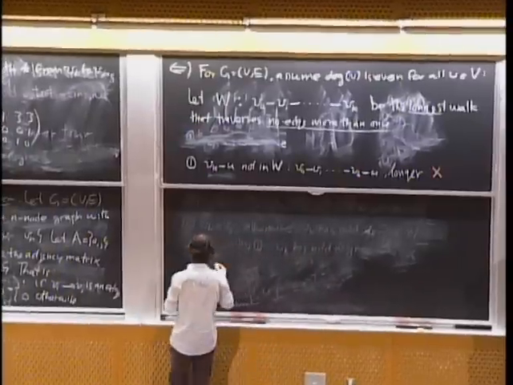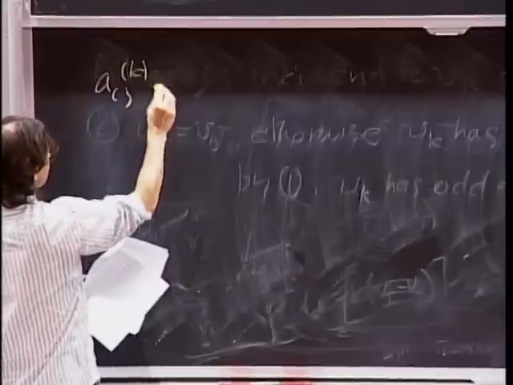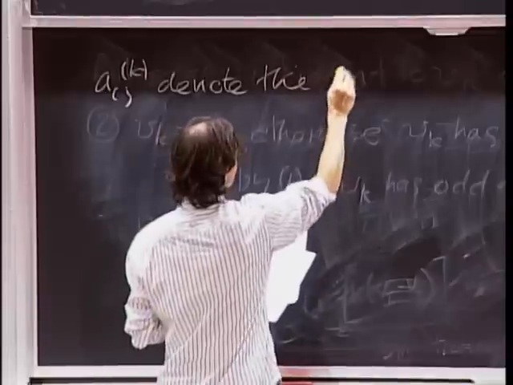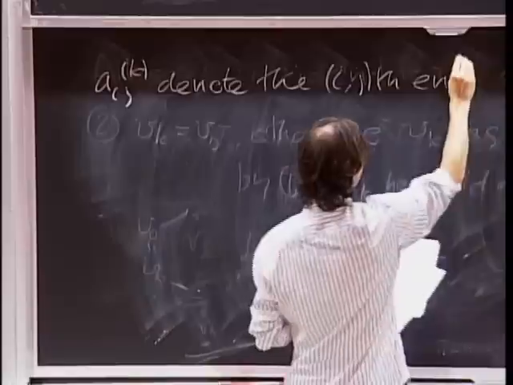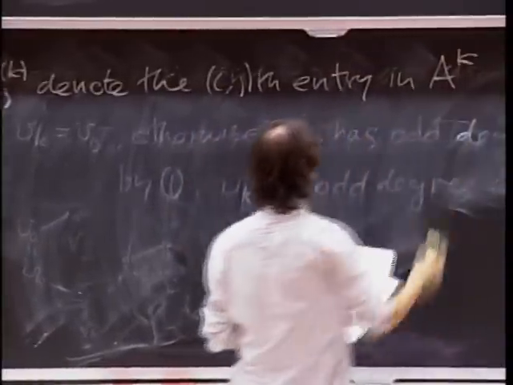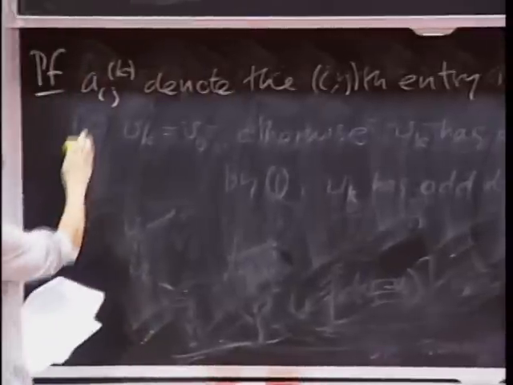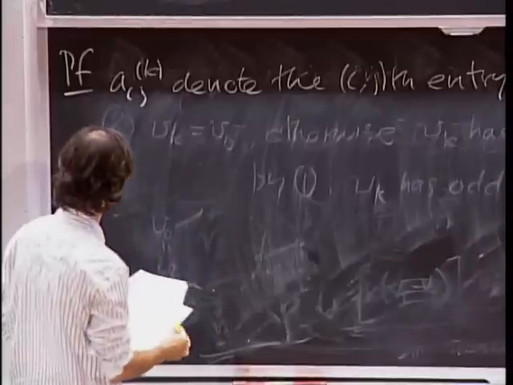So let's say that Aij^k denotes the ijth entry in A to the power k. And we want to show that this number is actually equal to the Pij^k for all the entries.